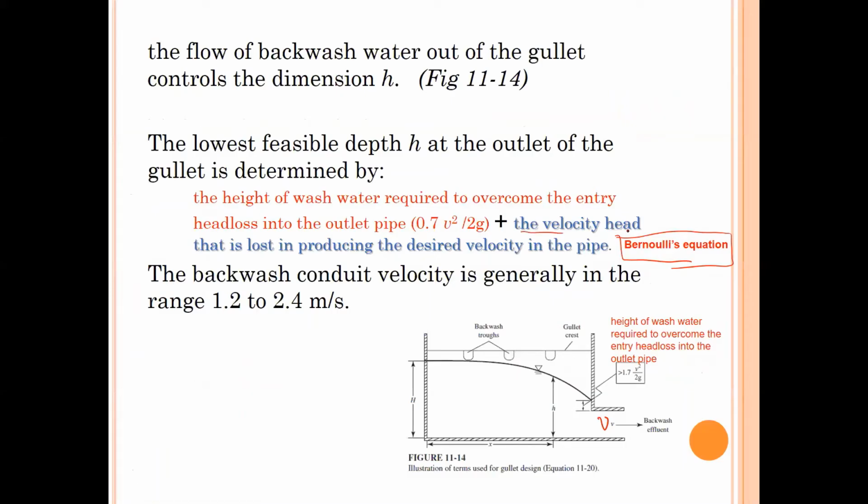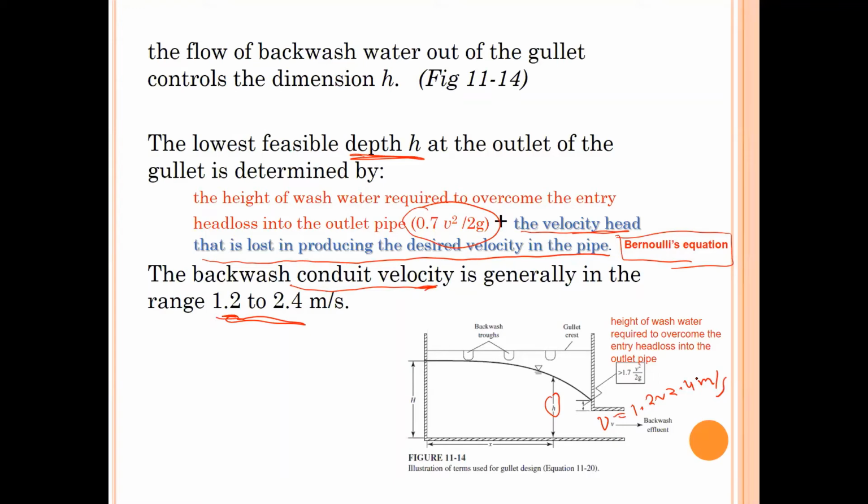So the velocity head that is lost in producing the desired velocity in the pipe, plus the entry head loss into the outlet, these two factors determine the visible depth, or small h. Usually, the backwash conduit velocity is within 1.2 to 2.4 meters per second.